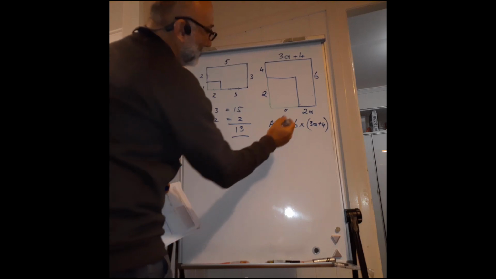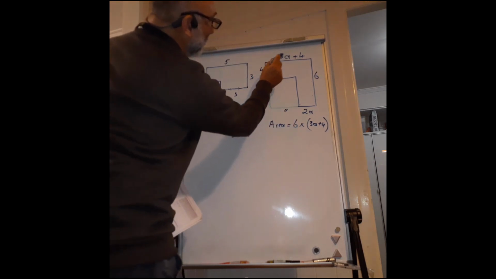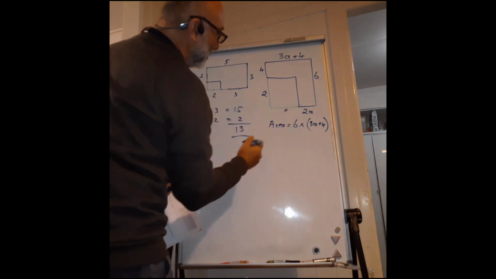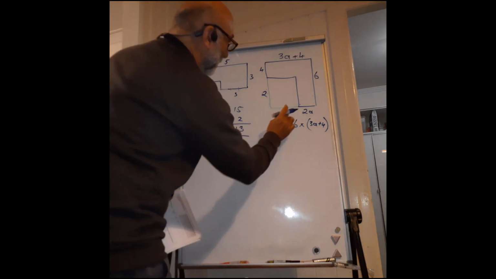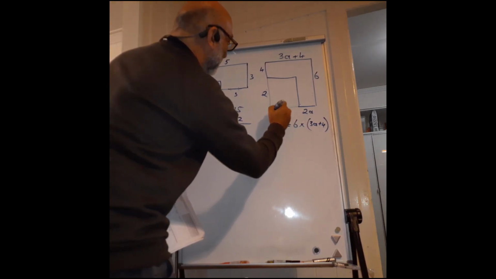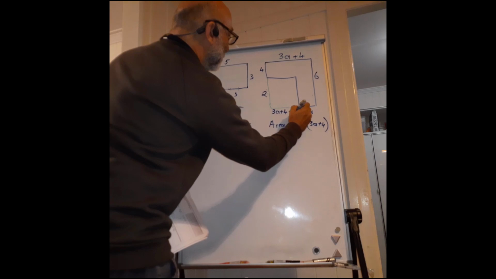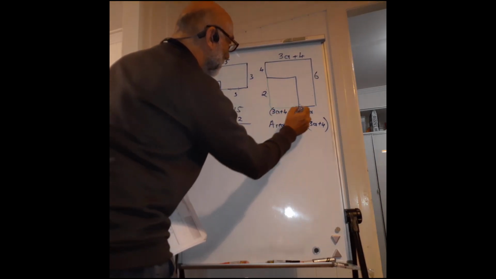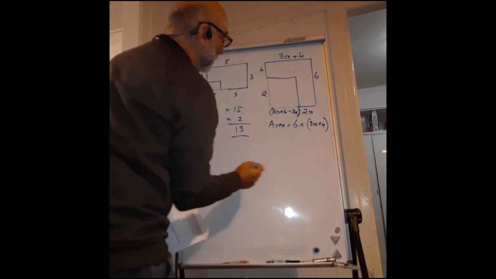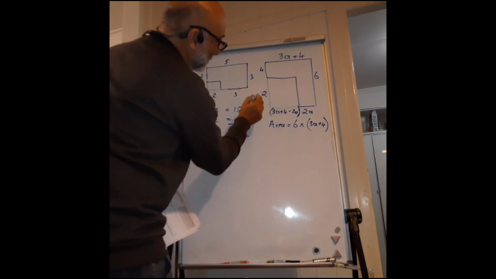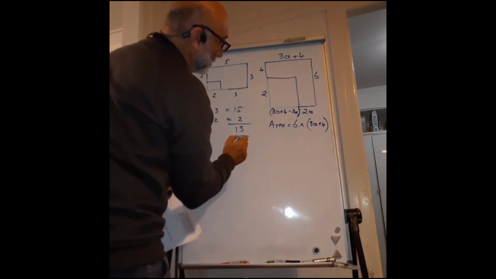And this bit here is going to be that expression minus this. So that's going to be 3a plus 4 minus 2a. Let's put that all in brackets there. And so the area of this will be 2 times that.